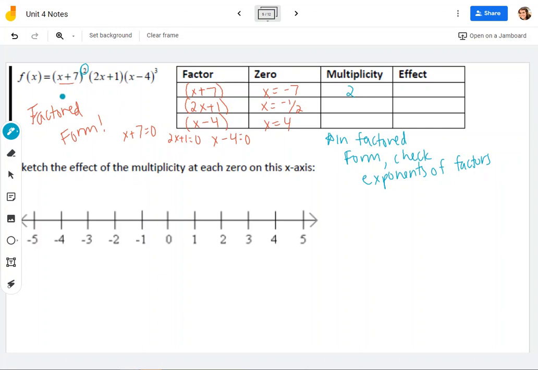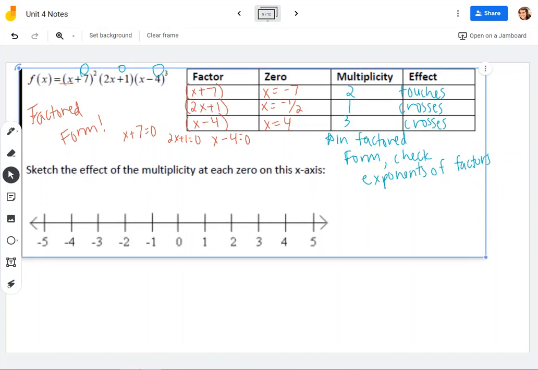That factor occurs twice. 2x plus 1, there's no exponent there, so we can assume that's only occurring one time. And x minus 4 has an exponent of 3, meaning that factor is repeated 3 times, so the 0 is repeated 3 times. So then, remembering our odd and even rules, this is going to touch the x-axis, and these two zeros, it's going to cross through.